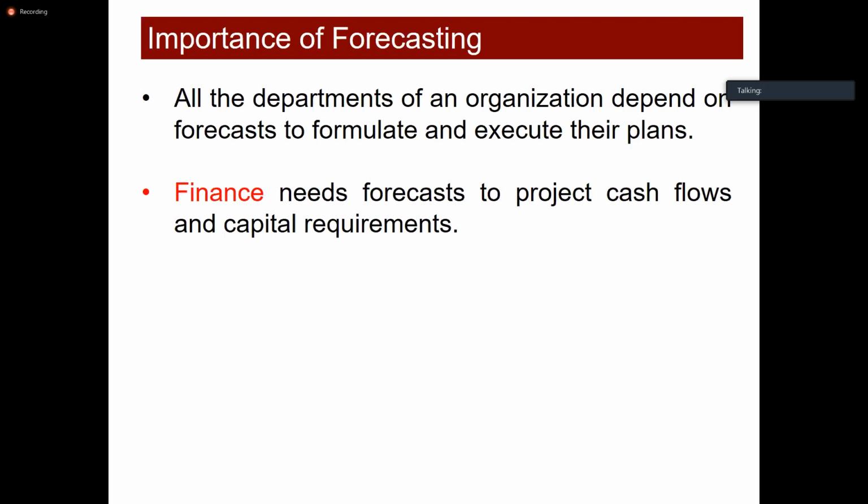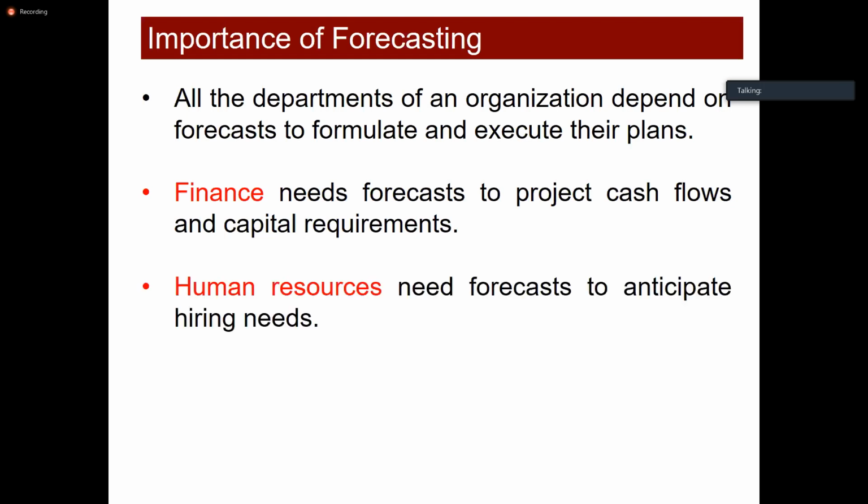Anticipating hiring needs. Okay, as I said, initial aggregate production planning. When I have to hire more employees, when I have to fire employees. So these kinds of decisions are based upon market analysis, or what we generally call, as a technical term, forecast.